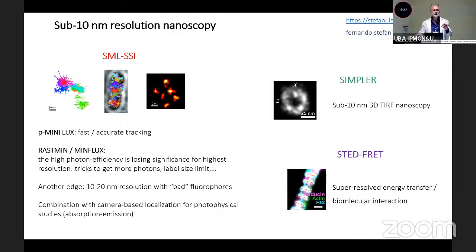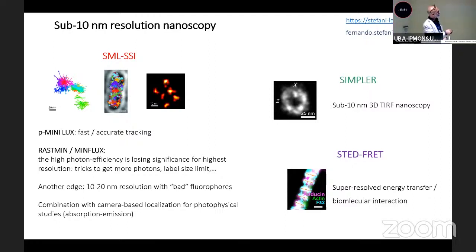Over time, most fluorophores have been discarded for super resolution because they were not good enough, especially fluorescent proteins. So I think a niche of application could be to use Rassmann or MINFLUX to achieve decent super resolution, say 10, 20, 30 nanometer resolution, using bad fluorophores, particularly fluorescent proteins.